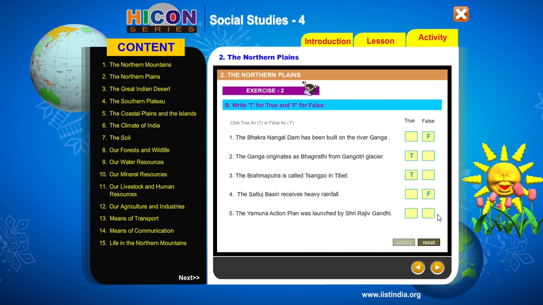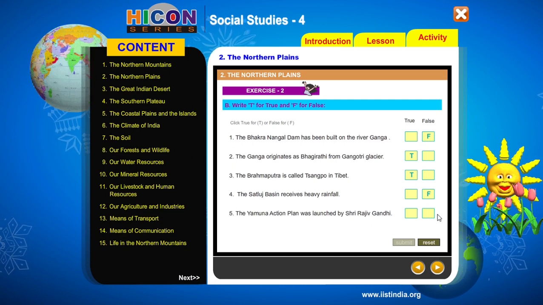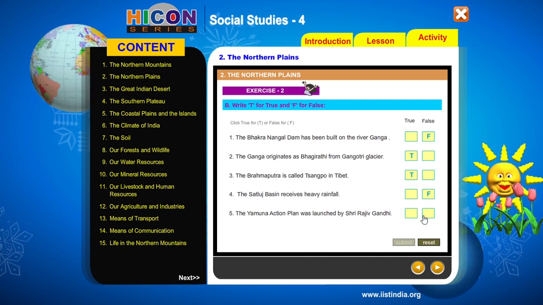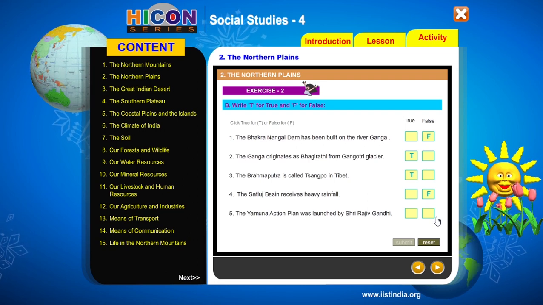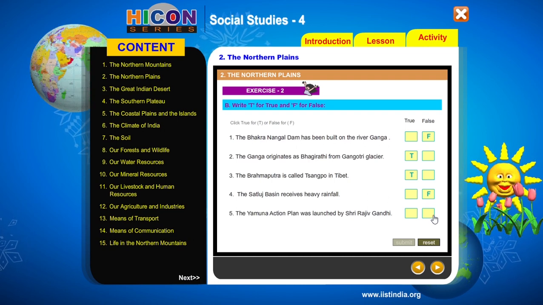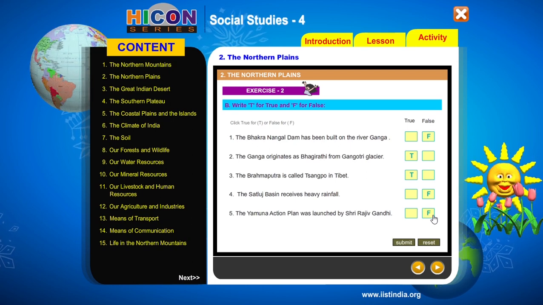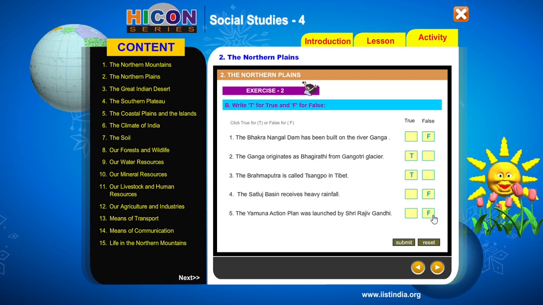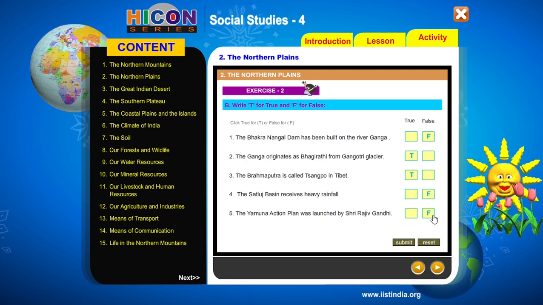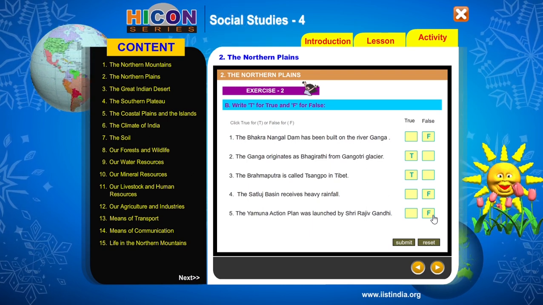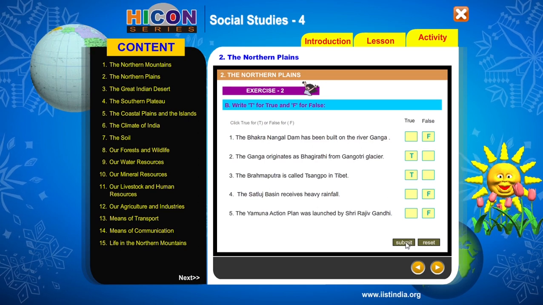Yes. The Yamuna Action Plan was launched by Sri Rajiv Gandhi. The Ganga Action Plan was launched by Sri Rajiv Gandhi, isn't it? Yes. After that, the government of India started with another plan with the Yamuna River, and that is known as the Yamuna Action Plan, isn't it? Yes.